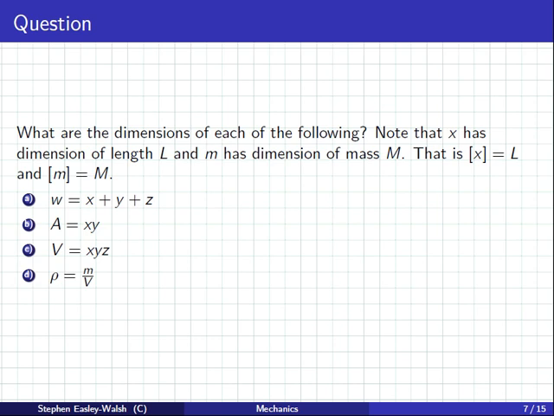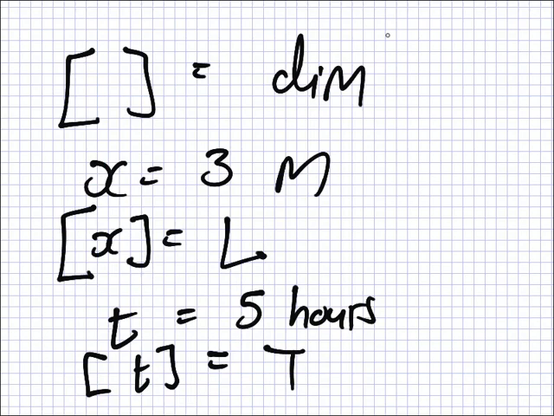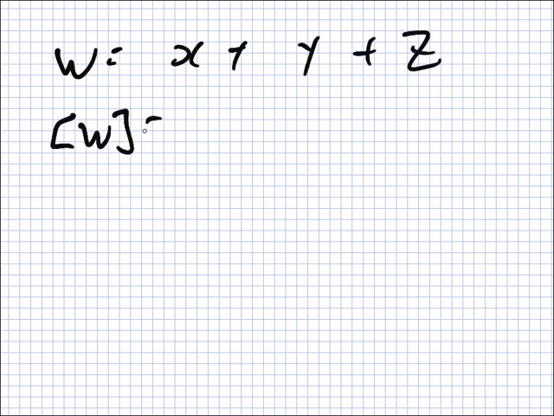Right. Do you have this done? The first one. Let me write them down for you. What did you get for the first one? It was w equals x plus y plus z. What's the dimension of w?